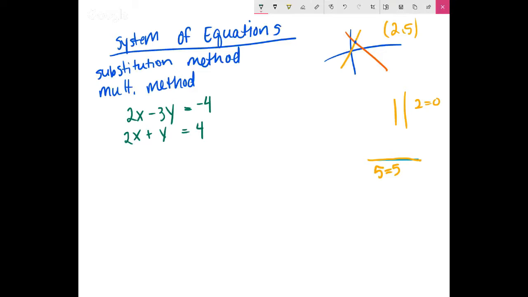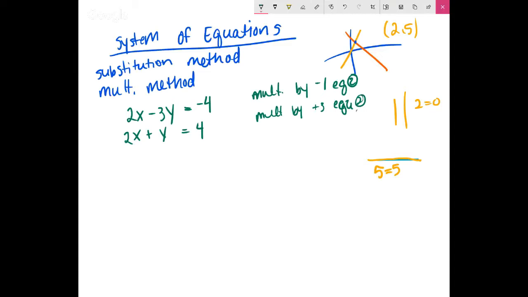We can cancel out x first by multiplying one of the equations by -1. That's using the multiplication method. Multiply equation 2 by -1. We can also multiply the bottom equation by +3. Multiply equation 2 by +3.